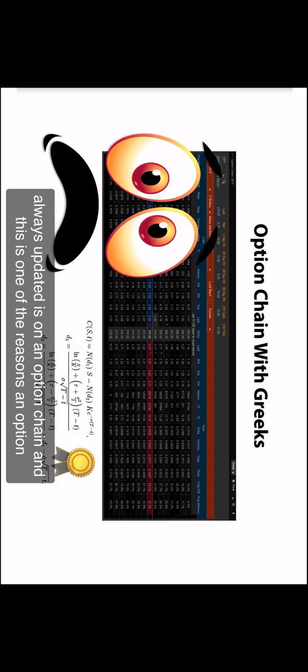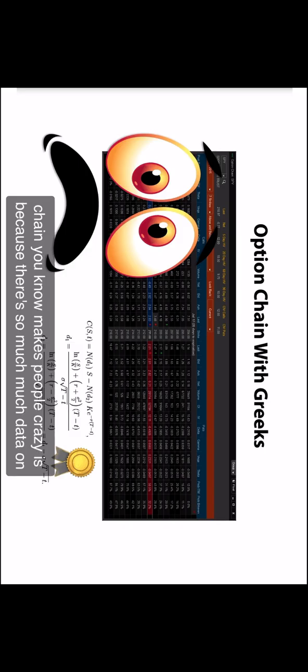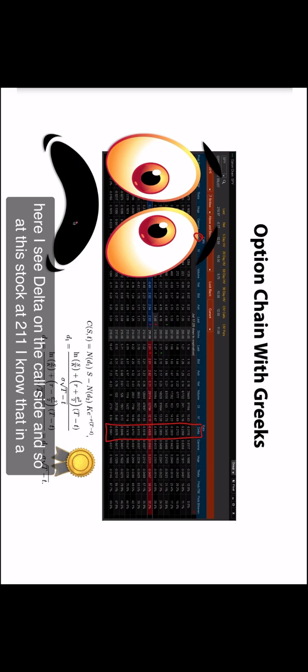This is one of the reasons an option chain makes people crazy, because there's so much data on here. But right here, I can see a delta on the put side, and over here I see delta on the call side.